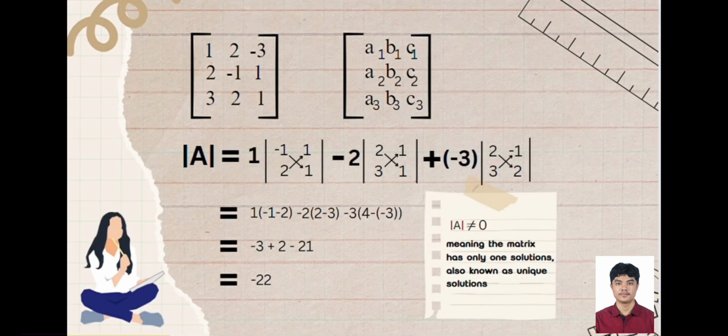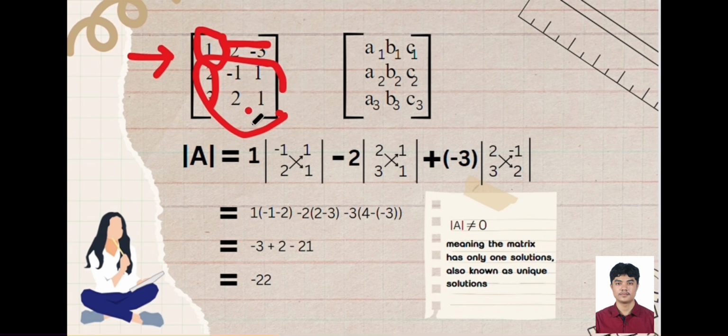The first step in Cramer's rule method is to find the determinant of A. So I choose the numbers on the first row, which are 1, 2 and negative 3. When I choose 1, I will eliminate the numbers in its row and column, which is the first row and first column, and left with these numbers, which are B2, C2, B3 and C3, and we put them in this box.